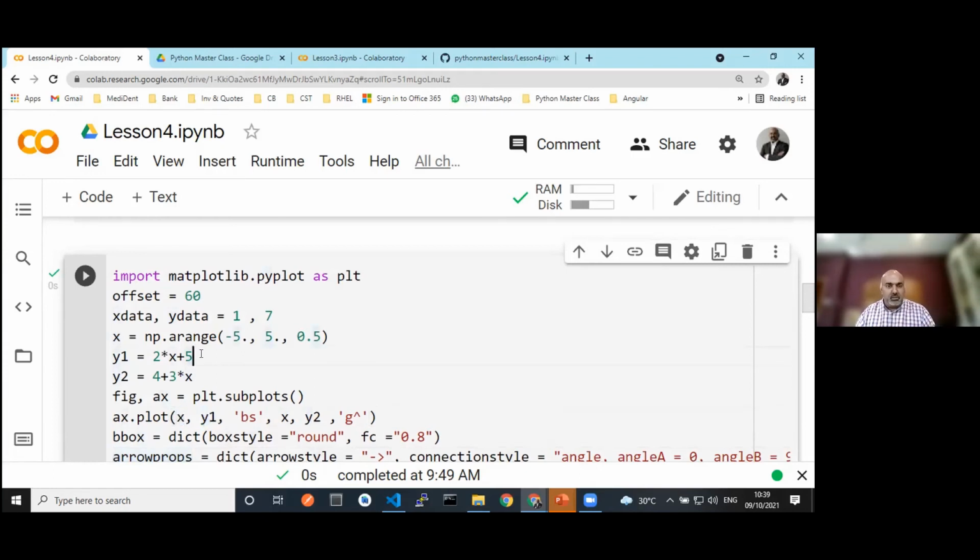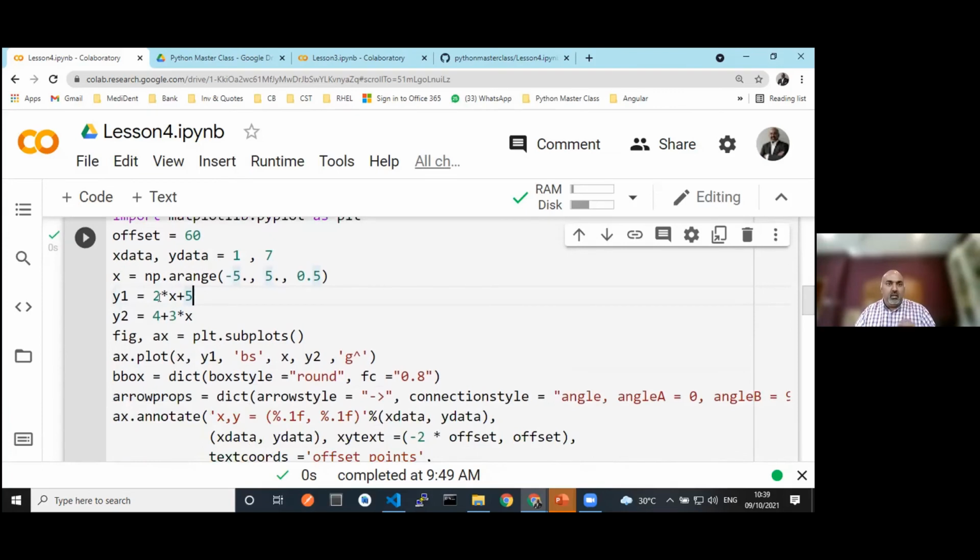Remember our equation? So you have to rewrite the equation again here. Now the equation must be written y equals to, all right? So it is y equals 2x plus 5, because remember it was negative 2x, and it was negative 3x, but now it's positive, because this one gives me a direct relationship between x and y.